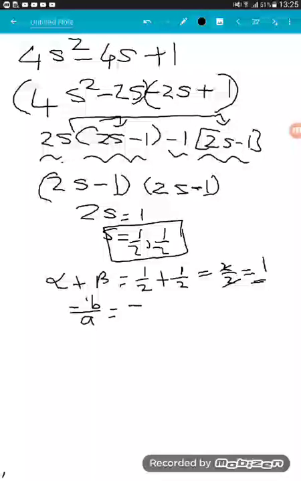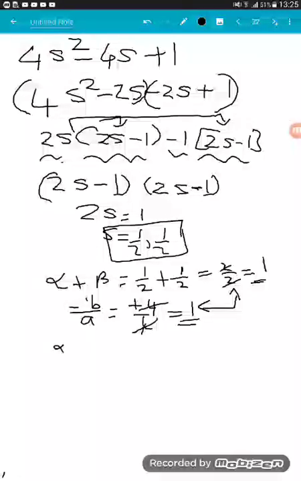Minus b by a is minus into minus 4 by 4. Since minus into minus gives plus, I will write direct plus, so it will give us 4 by 4, so it will become 1. So this and this are equal.